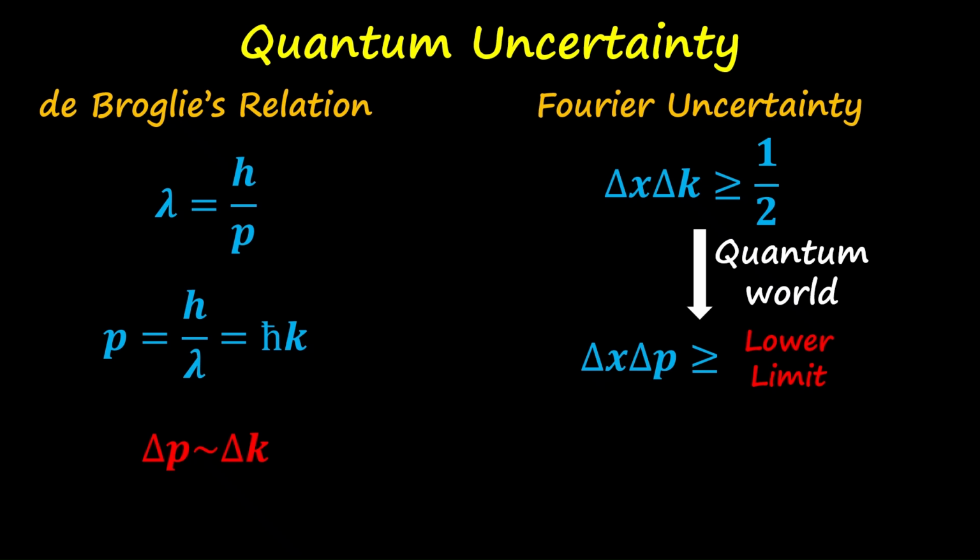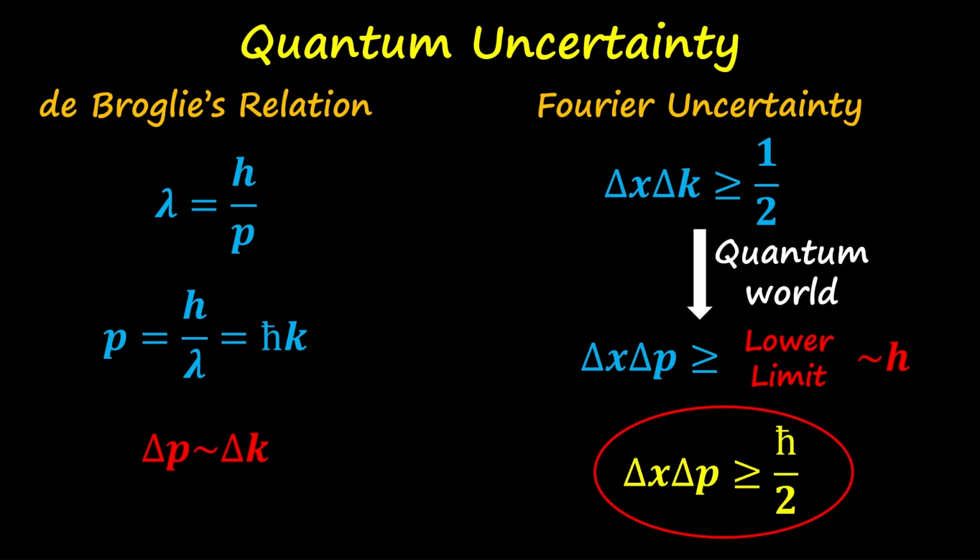But it will be greater than or equal to some lower limit. So, what will be this limit? This limit will be related to the Planck constant. Why? Because the Planck constant is the scale where the dual nature becomes significant. Now, if you do the math, then we can find the exact value of this lower limit, and it is equal to h bar by 2.